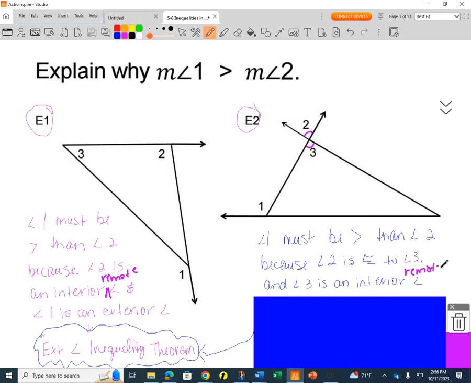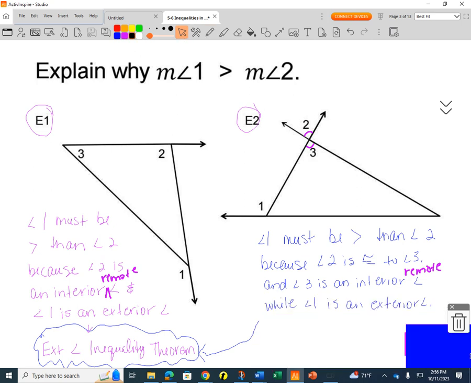So because of the exterior angle inequality theorem, the measure of angle 1 is greater than the measure of angle 2.